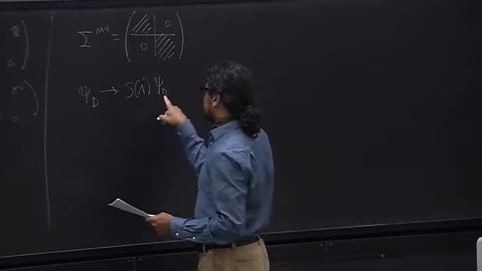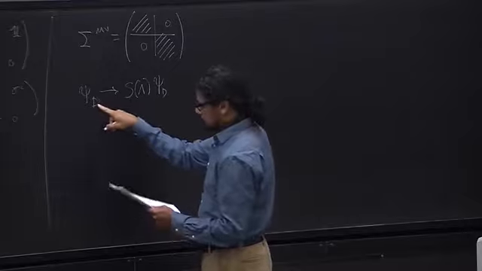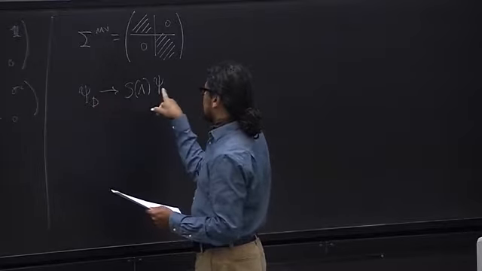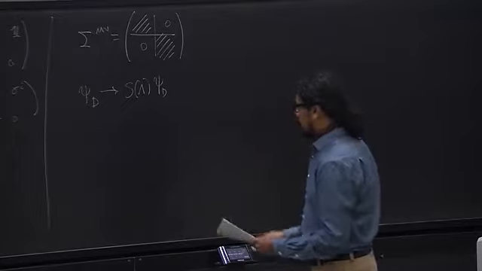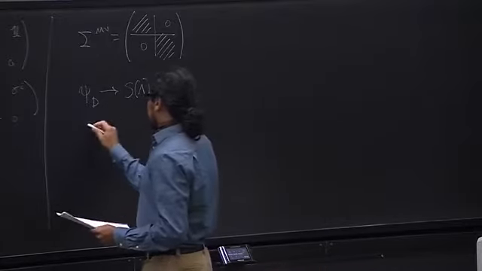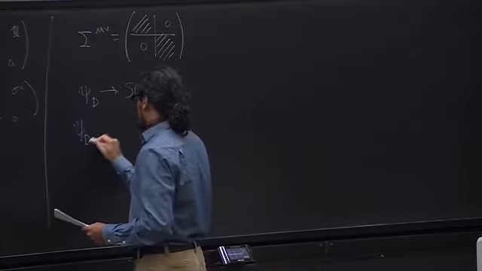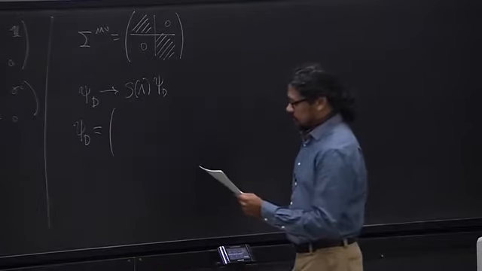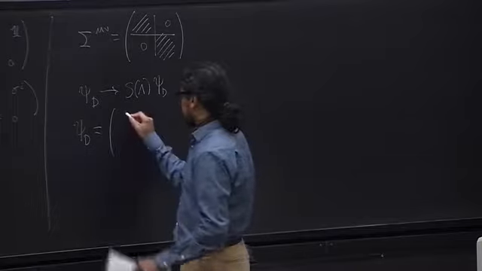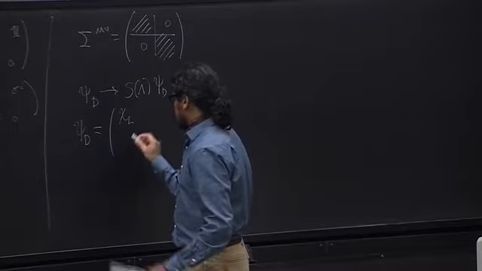So now if you use this explicit expression, look at the explicit expression of how this equation looks in the Weyl basis. Then you get the following result. So in the Weyl basis, the Dirac spinor will take this form.